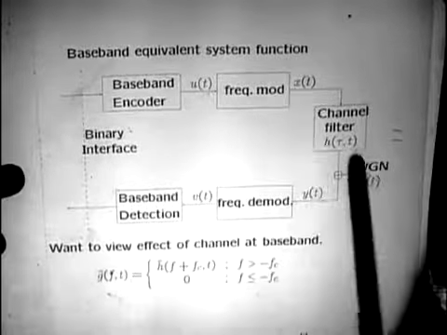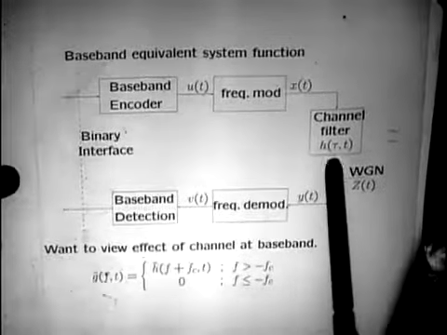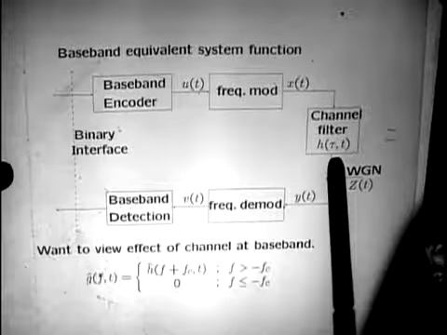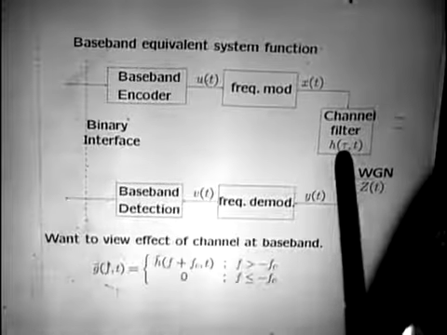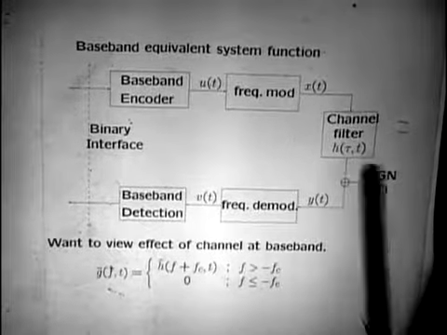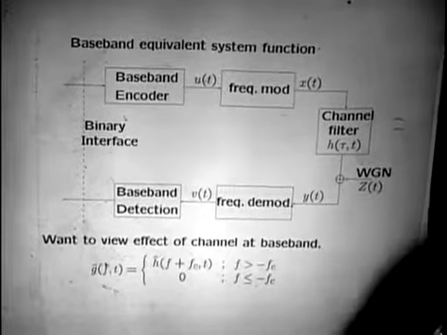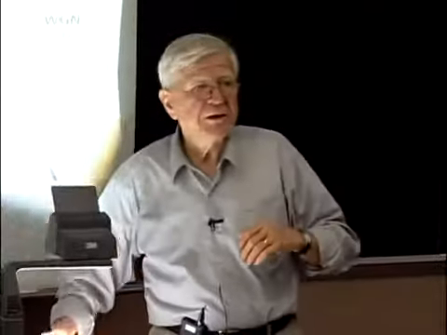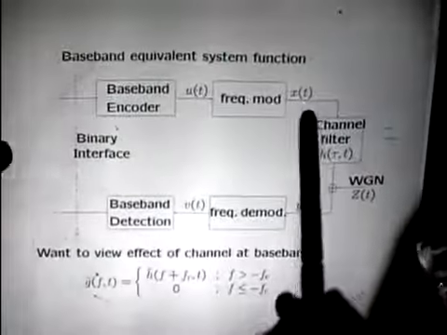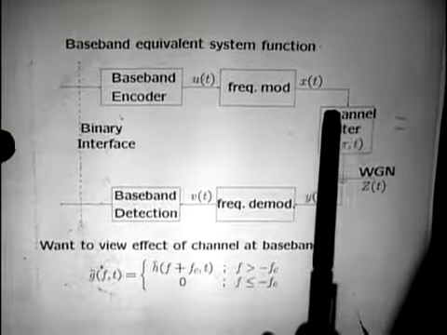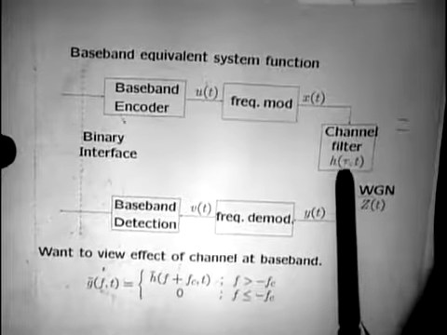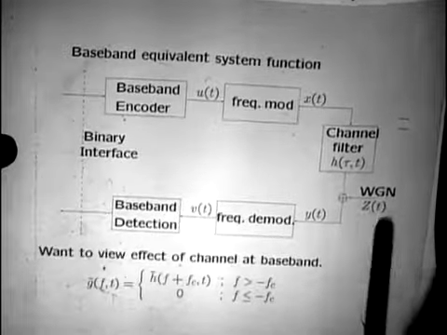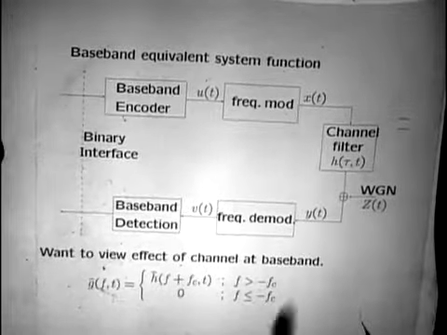Okay, so this goes through this channel filter up at passband. We've seen that one of the things that it can be viewed as doing is putting Doppler shift into this input. So what comes in at some frequency f is now going to be coming through here as some slightly different frequency. We then add white noise to it.